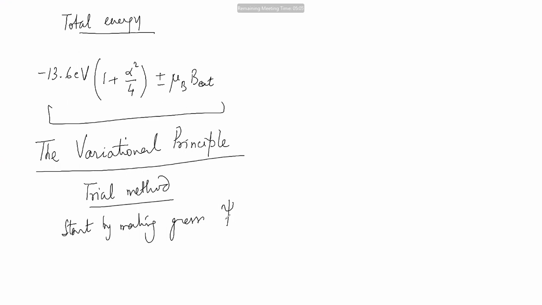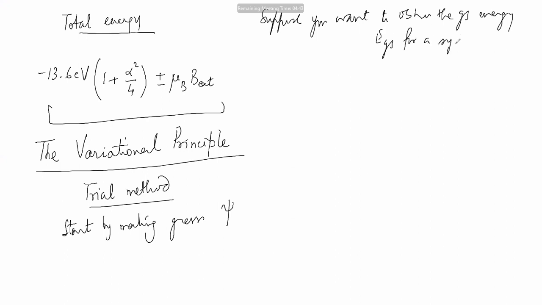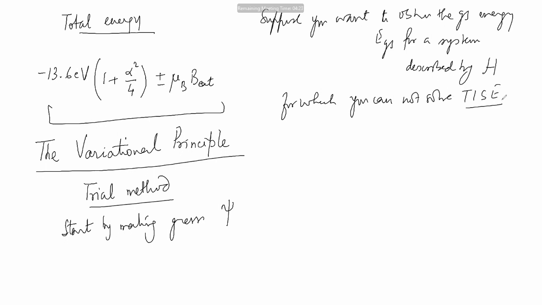Suppose you want to obtain the ground state energy for a system described by Hamiltonian H, for which you cannot solve the time independent Schrodinger equation.